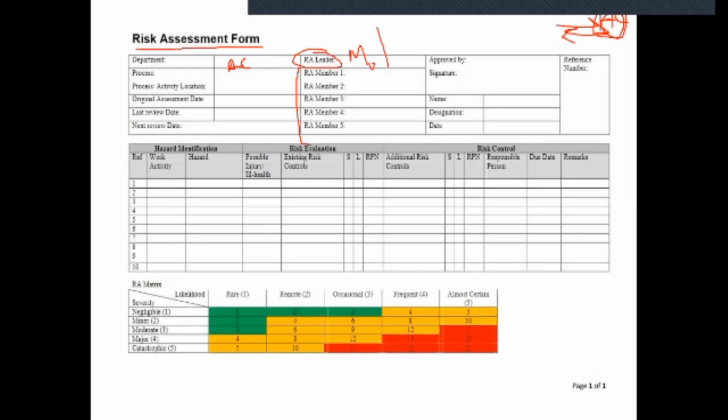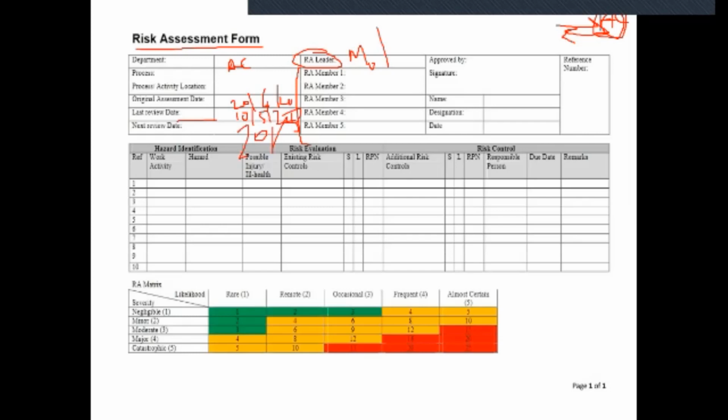Next, the original assessment date, for example today's date. Then the last review date, maybe last month or last year, and the next review date, maybe some time in 2027. This is how we fill in the risk assessment form.